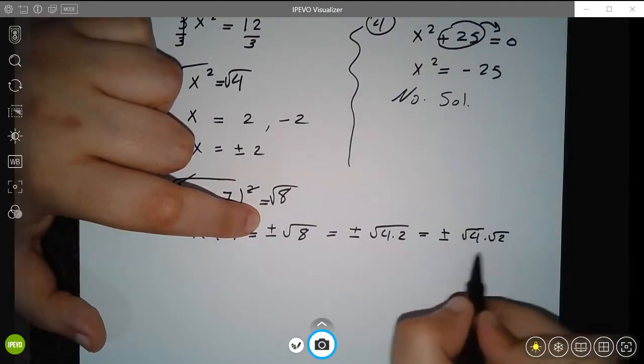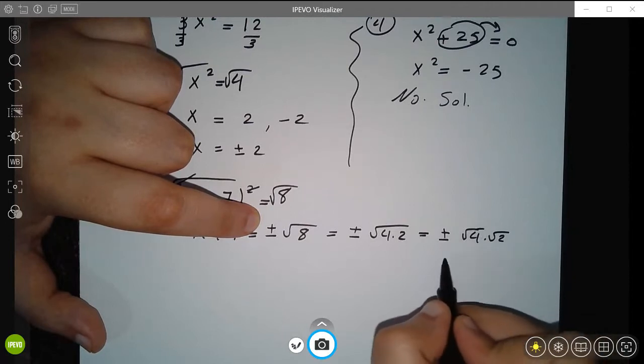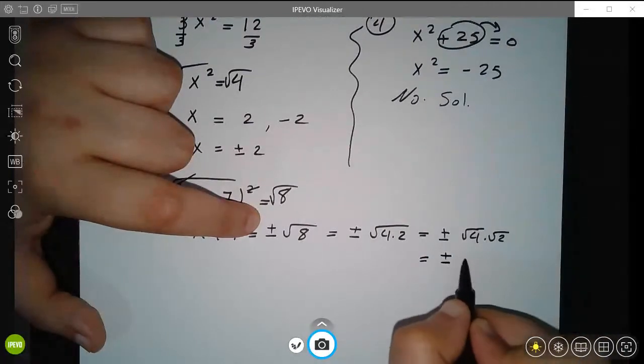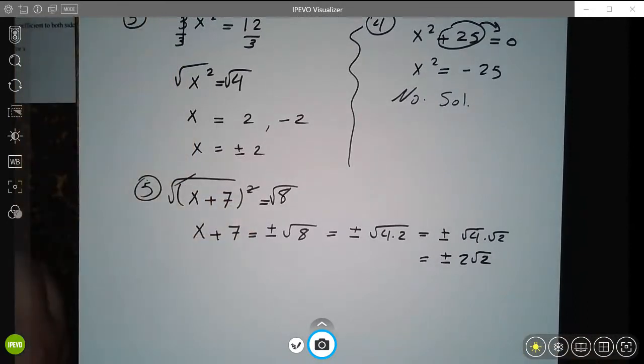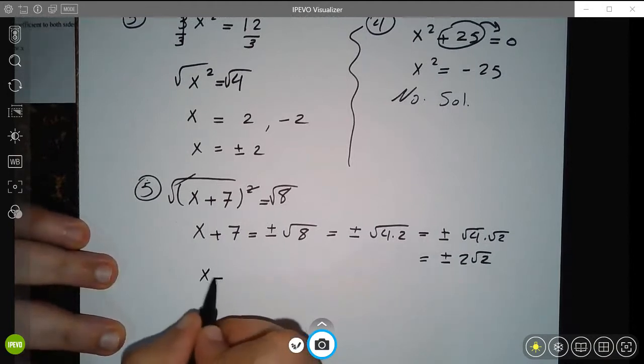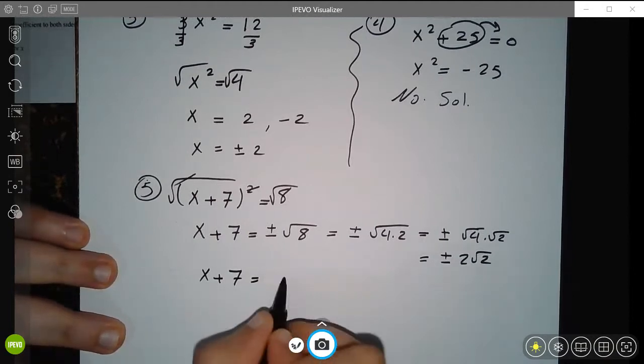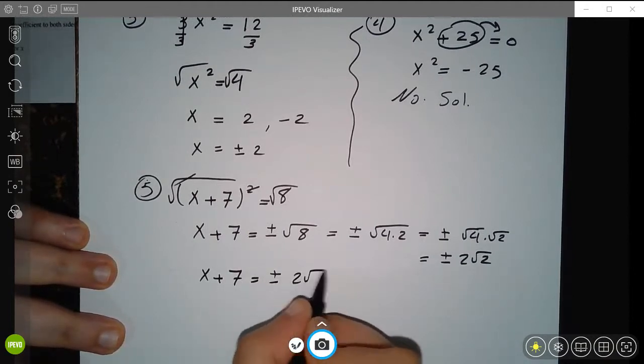Now, root of 4 is answerable. This is what? 2, right? So I'm saying it's 2 root of 2. I don't care really if you do that simplification, but your homework might. So I wrote it out. Okay? Now, I'm saying that x plus 7 equals positive or negative 2 times root of 2.